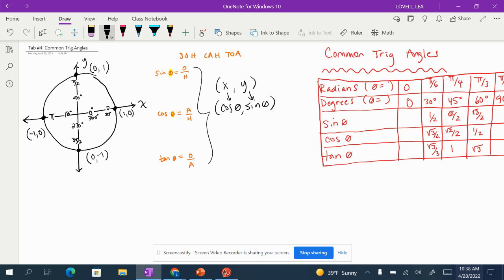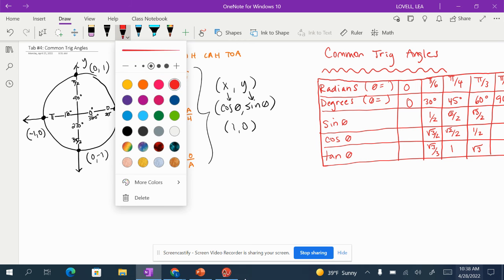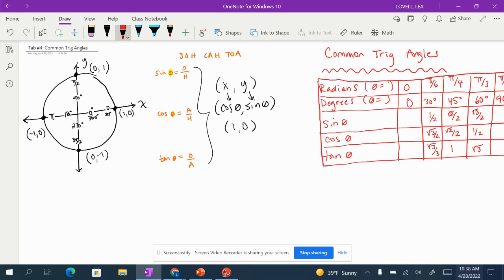So if we look at when theta is 0, we have a point that looks like this, 1, 0. So cosine is going to be 1, and the sine of theta is going to be 0.